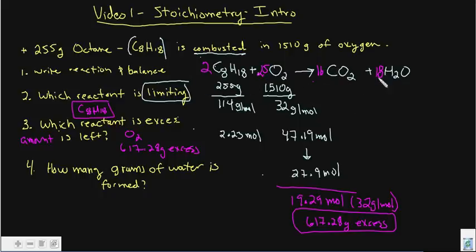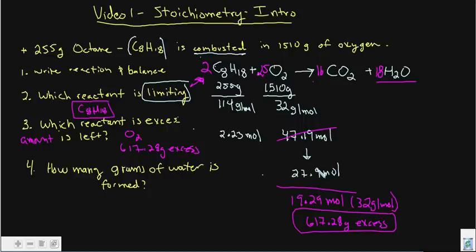Because octane is my limiting. Once you find out your limiting reactant, it is the one that determines everything else, because once it runs out, the reaction stops. So you wouldn't want to use this, because we didn't use all of that. You could use this, that would work, but that number was determined from this number. So your best practice is to use your limiting to figure out all the other ones.